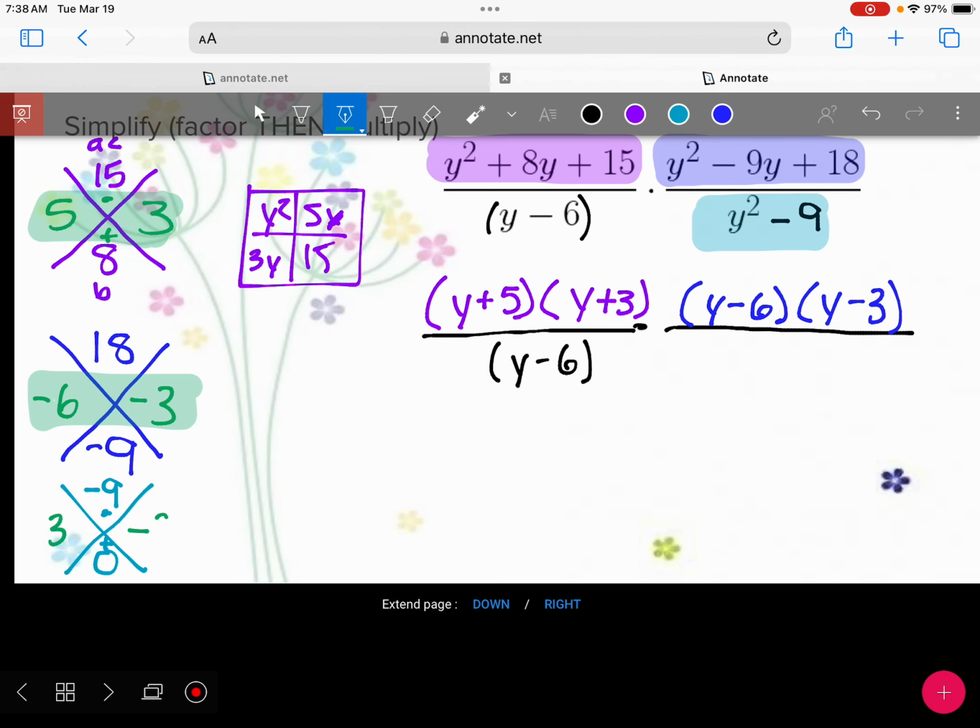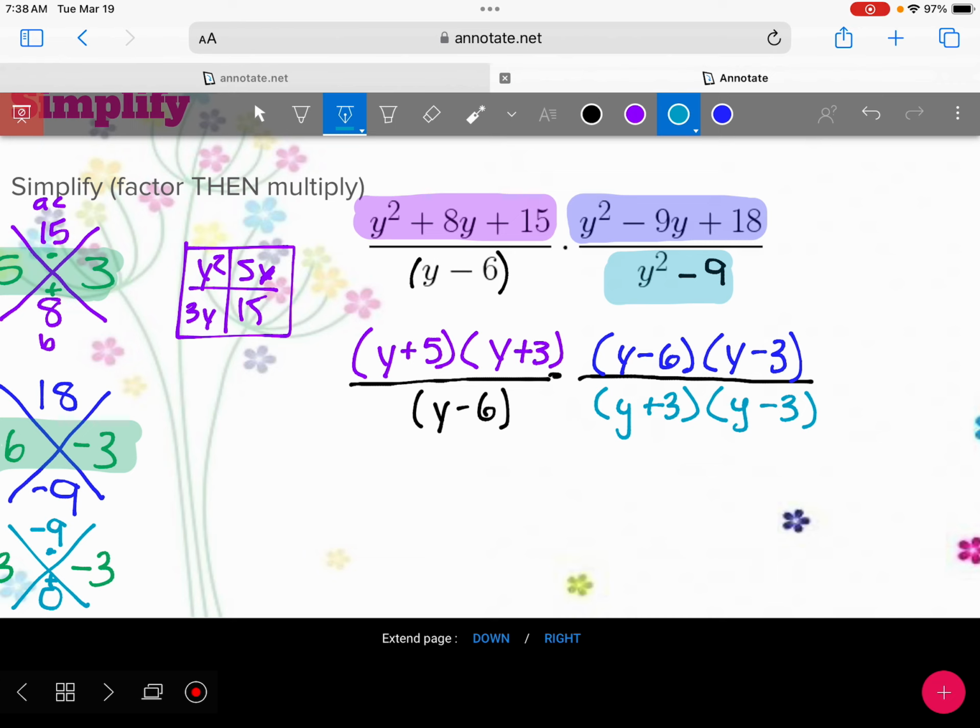This is also a difference of squares, so if you spot that, that's, I think, easier. Where we have y plus 3, y minus 3. As you can see, I was not joking that we're going to factor a gazillion times.